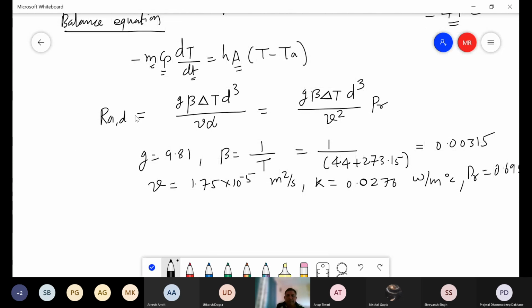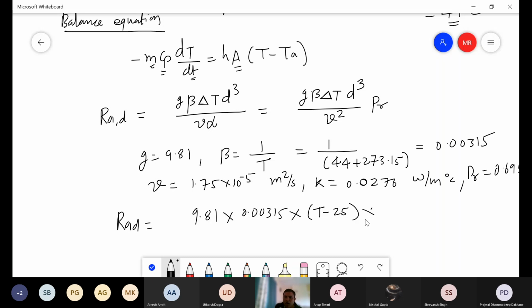So Rayleigh number Ra_D, in this case g is 9.81 into beta is 0.00315. Delta T is unknown in this case, isn't it? Because the temperature of the ball is going to decrease continuously, and we are not calculating the Rayleigh number at one point. So this will be T minus 25. Do you all agree?